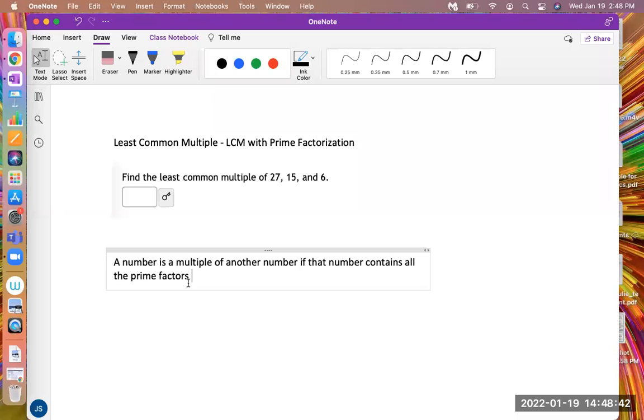So when you prime factorize the least common multiple, you should find all the prime factors of all three of the other numbers in that least common multiple. And there should be no duplicates or anything like that. A number is a multiple of another number if it can produce all the prime factors of the other number.